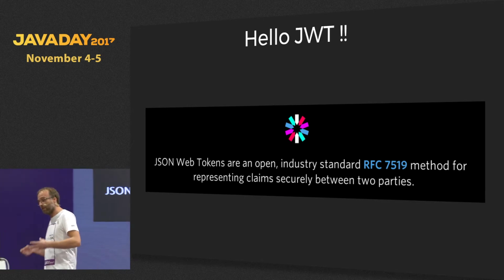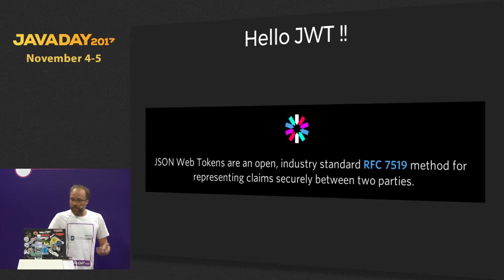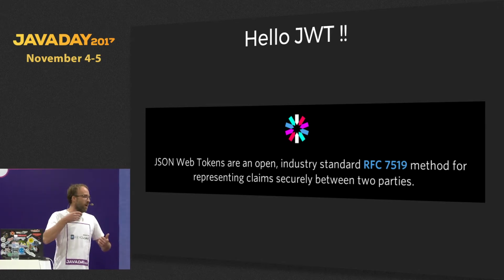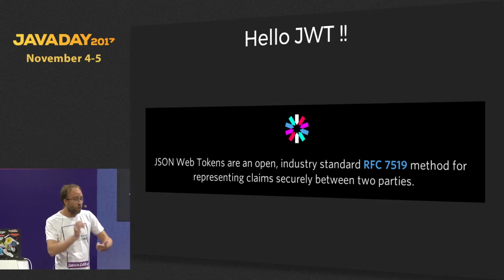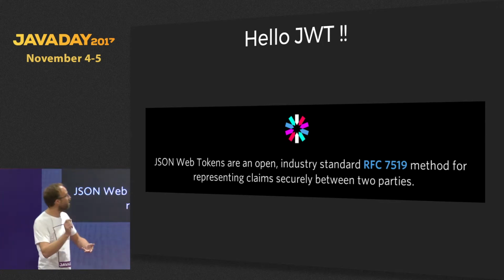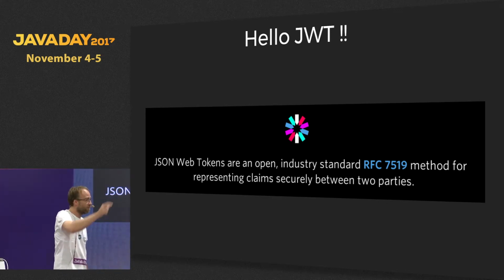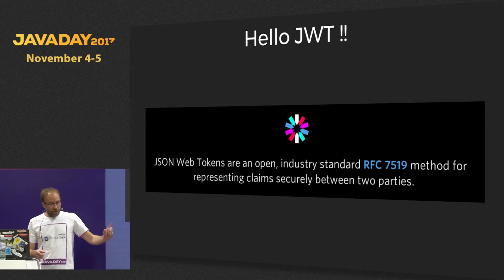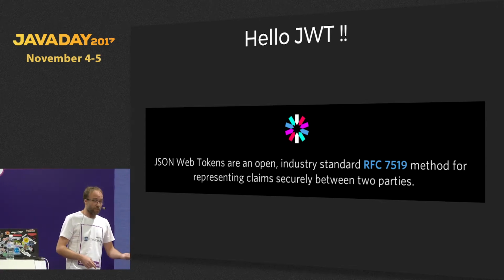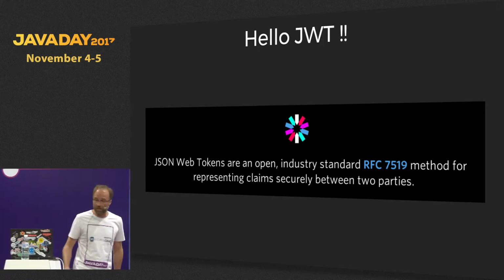That means it's a token that contains a payload, with stuff like your username, your roles, until when you are authorized or authenticated, and so on. And you can use that token from service to service, and each service can just inspect that token to be sure you're the right person and you have the right to access this service.